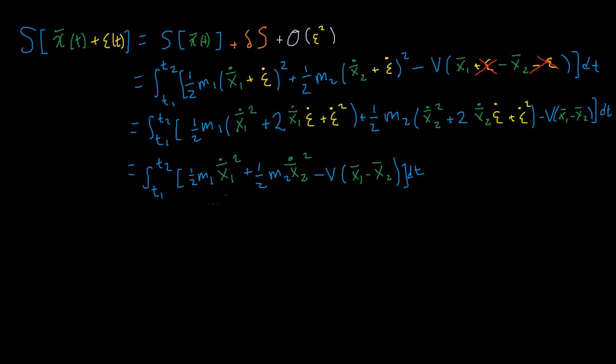All of that dt, and then I'm running out of space, so I'm going to go to the next line, plus the integral from t1 to t2 of m1 times x1 bar dot times epsilon dot plus m2 times x2 bar dot times epsilon dot, all of that times dt.